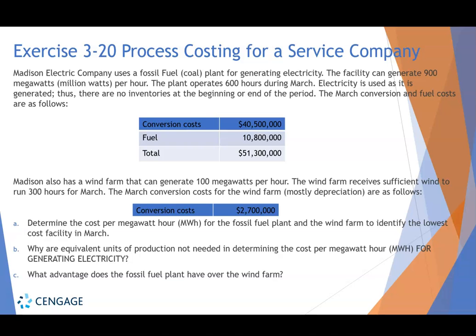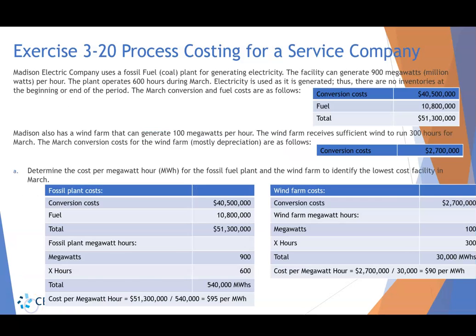So let's look here at the cost per megawatt hour for the fossil fuel plant. We have our $51,300,000 in cost. We take our megawatts times the number of hours, gives us 540,000 megawatt hours. If we take our 51,300,000 divided by our 540,000 megawatt hours, we get $95 per megawatt hour.